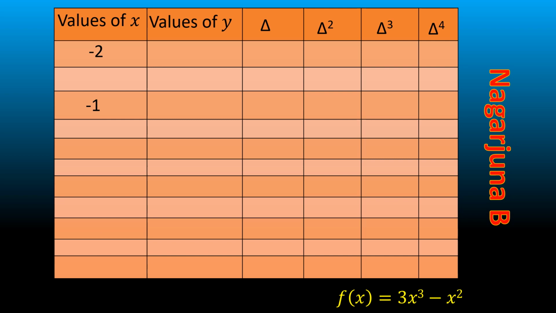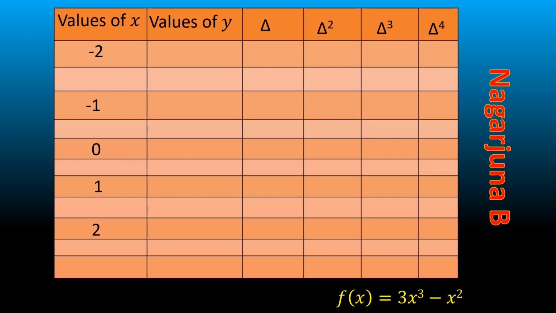In this way you need to write. The next minus 1 plus 1, 0, that you need to write by leaving one line gap between the rows in the values of x column. The next 0 plus 1, 1, 1 plus 1, 2. At this point you need to stop.